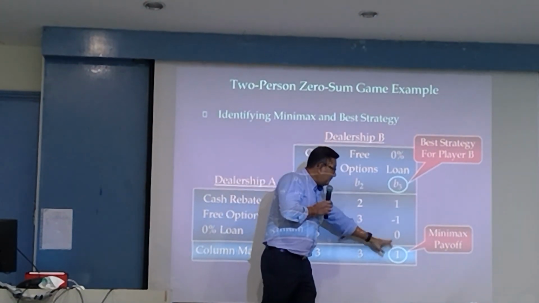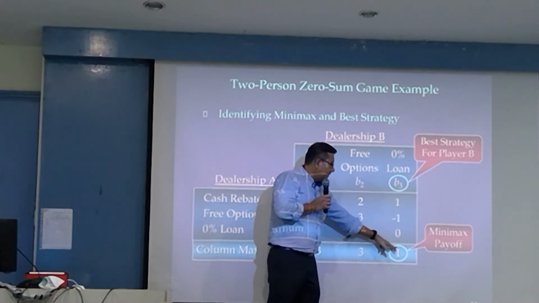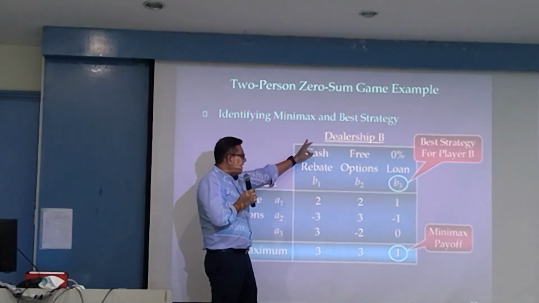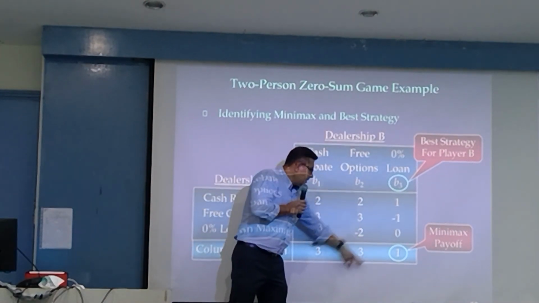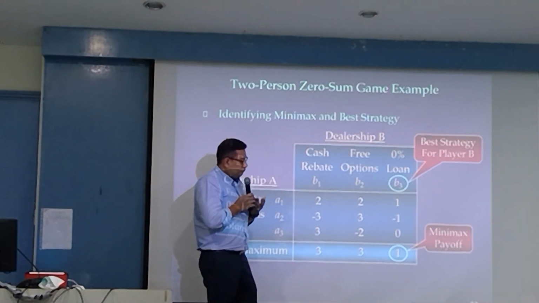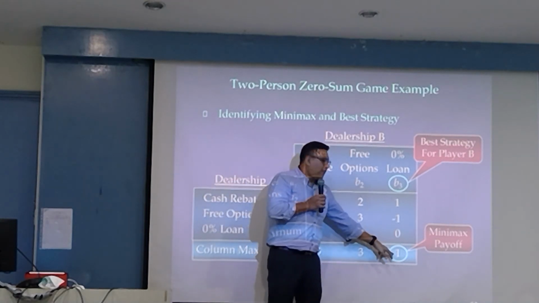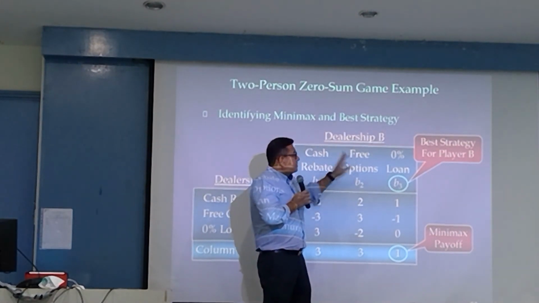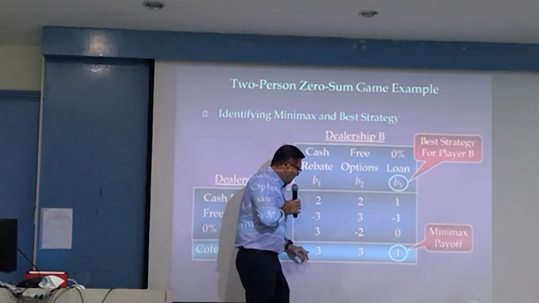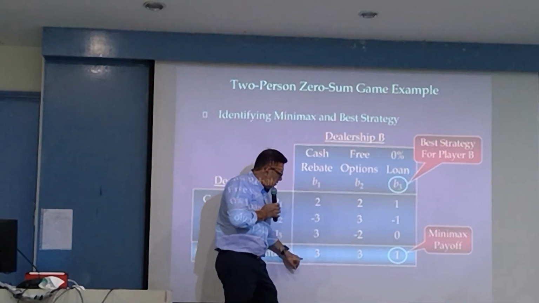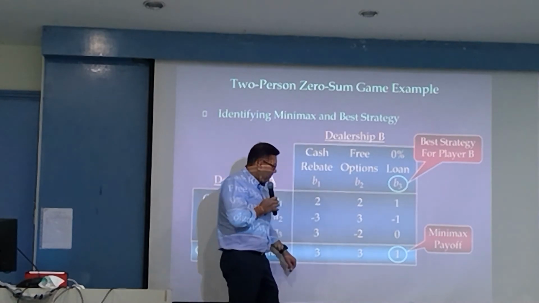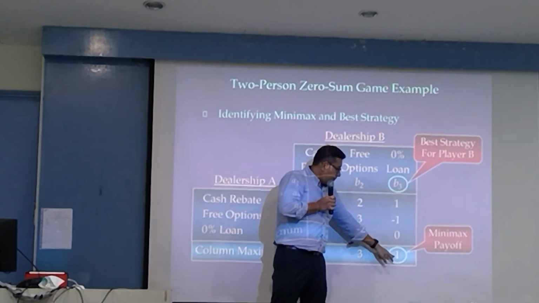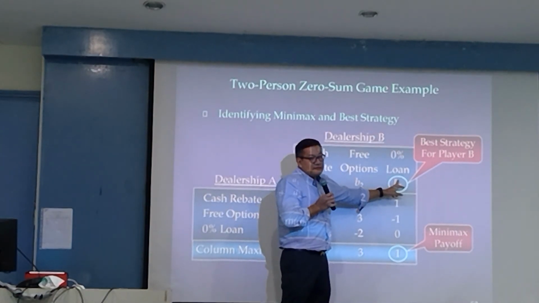We do the same way and select the maximum one, which is 1. Comparing among these three strategies of company B, B1, B2, and B3, we select the minimax. We try to minimize the possible loss for the company. Comparing among these, you can see that 1 is the lowest one, so we select the one that belongs to strategy B3.